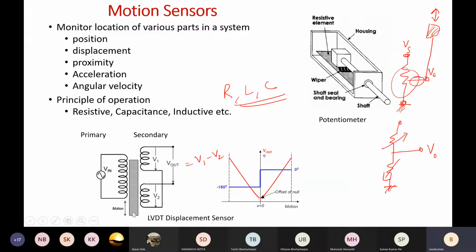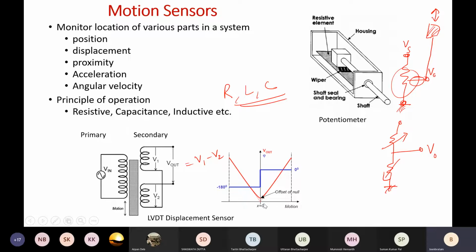So depending on the position of this core, the flux cutting at V1 and V2 will be different. Accordingly, your output voltage will also vary. And by measuring this output voltage, we estimate what the displacement is. Okay, and this is the standard characteristic curve.